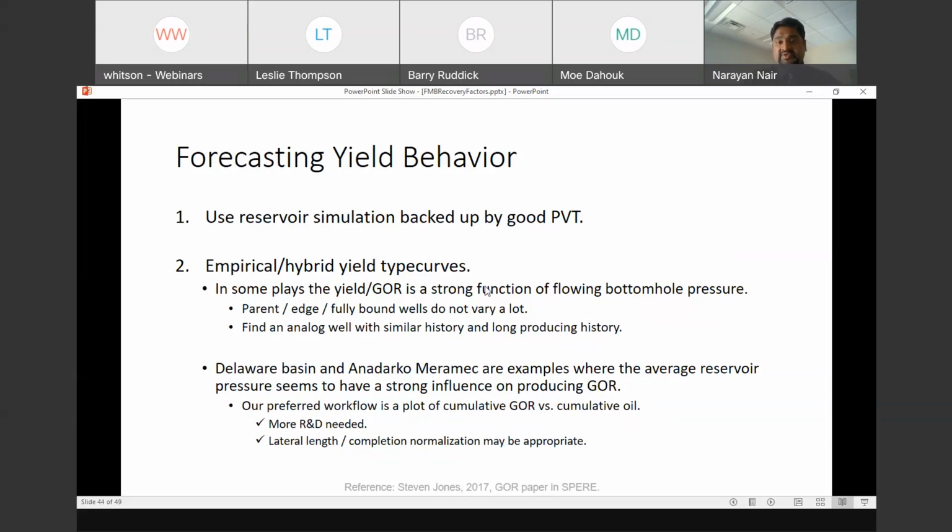Again, the two examples you'll be dealing with in a practical sense are places in which yield/GOR are going to be a strong function of flowing bottom hole pressure. Delaware Basin and Anadarko Merrimack are examples where the average reservoir pressure can have a strong influence on producing GOR. So this plot can be used to construct reasonable ratio forecasts, and I'm going to show you an example of that.